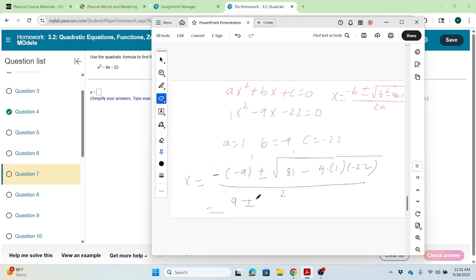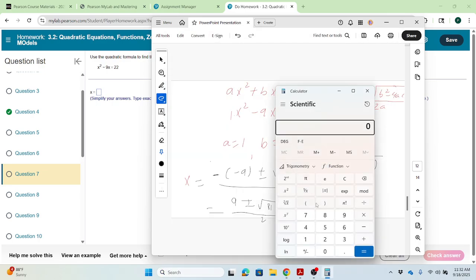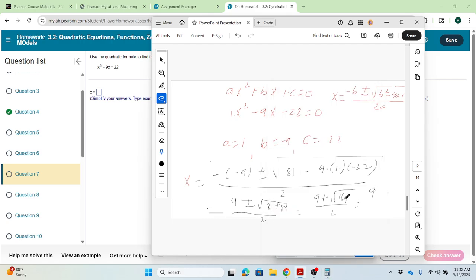This is 81 plus 88, divided by 2. 81 plus 88 is 169. And then the square root of 169 is 13. So this is 9 plus or minus 13 divided by 2.